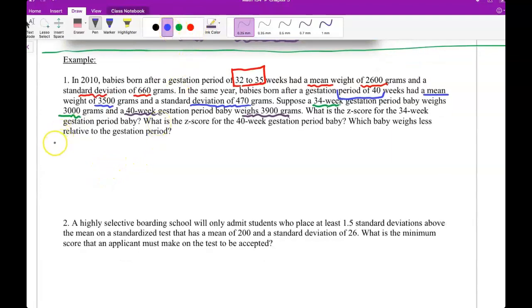I'm starting with 34 because it's asking for 34 and then 40.